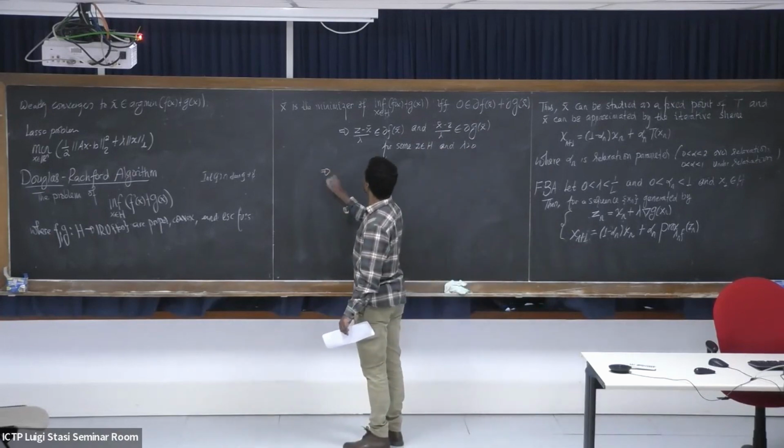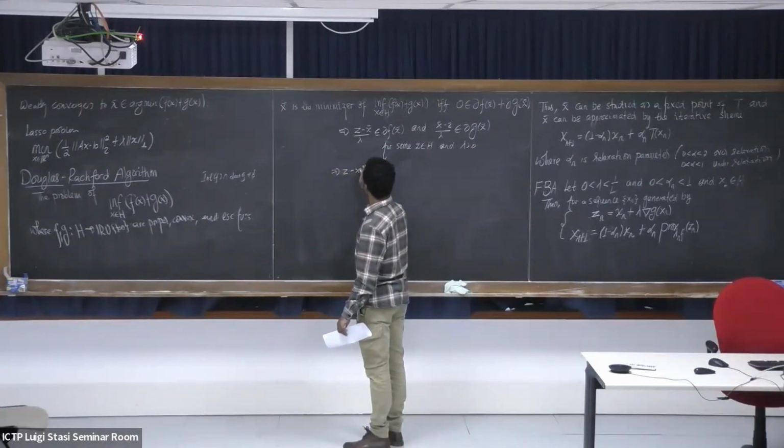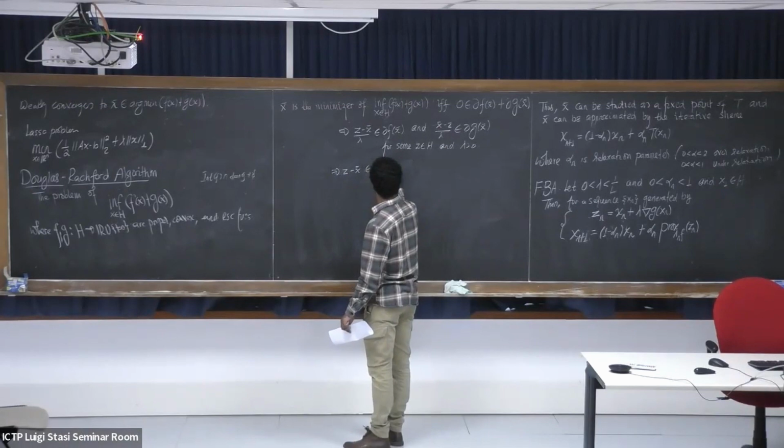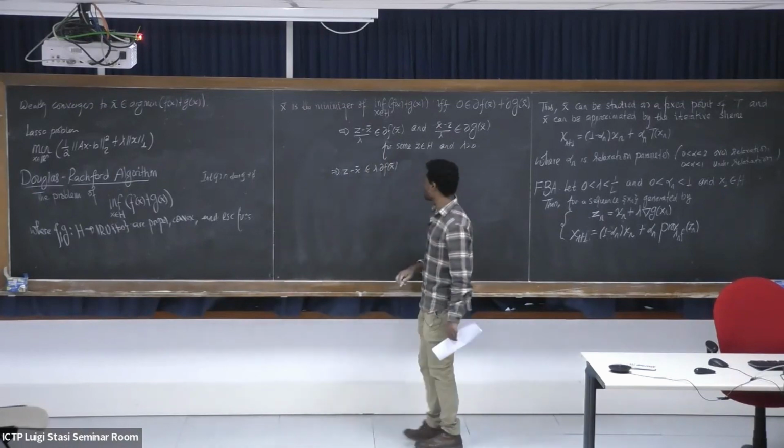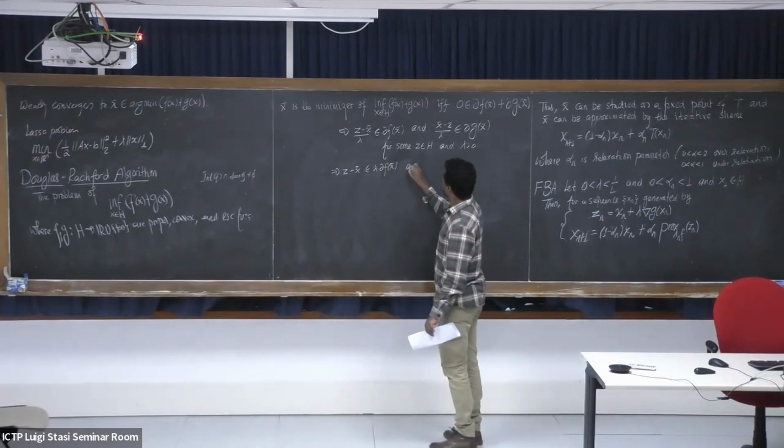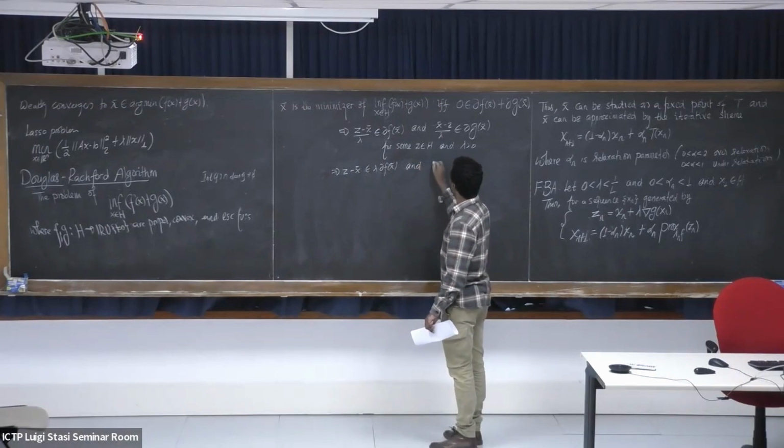So this implies that Z minus X bar is an element of lambda times the subdifferential of f at X bar, and twice of X bar minus Z minus X is an element of the subdifferential.